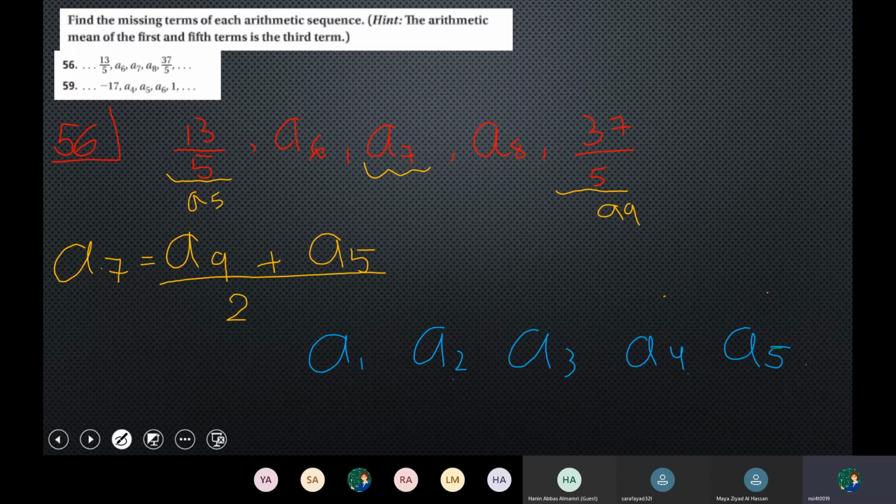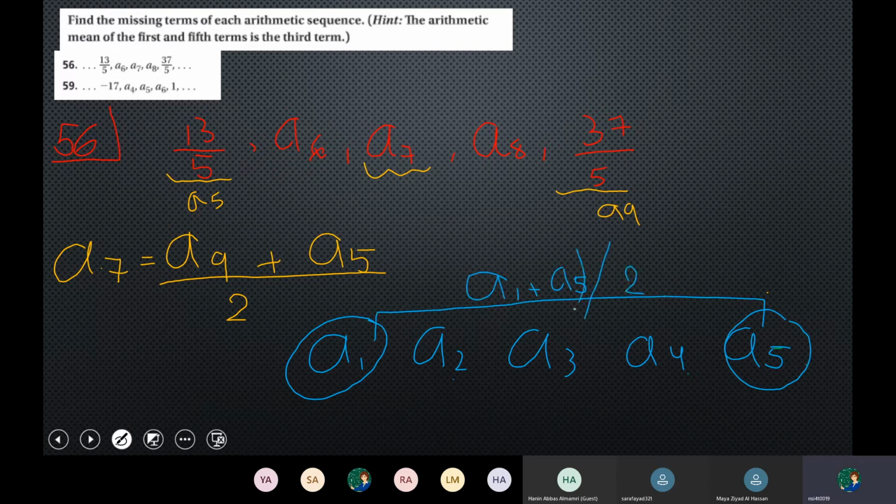Now in this question, he told me that if you add a sub 1 plus a sub 5 and divide it by 2, you will find a sub 3. Is it clear now? Yes. Okay.